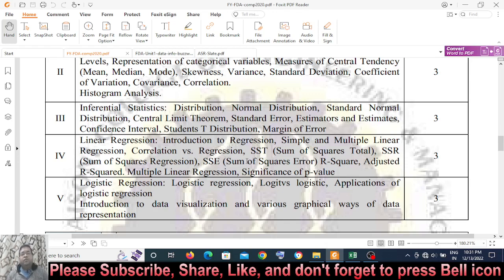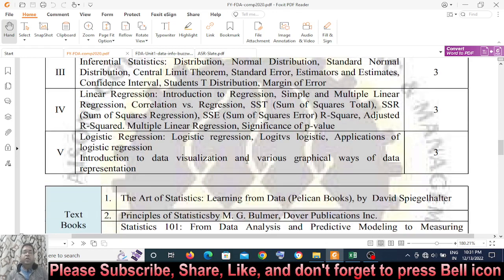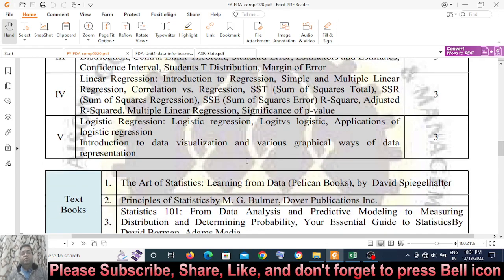And after that, we are going to linear regression, an introduction to linear regression, which is an extension of this inferential statistics, where we go for predictive data analysis. And unit number 5 is logistic regression, where we go on doing logistic regression, its concepts and things.